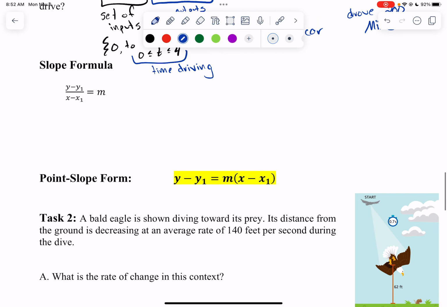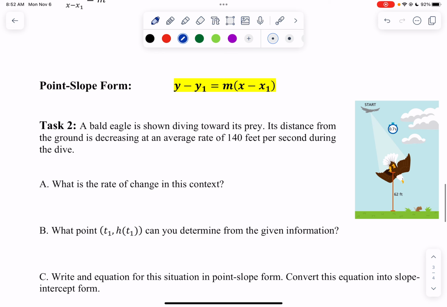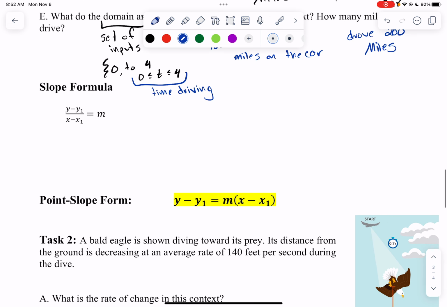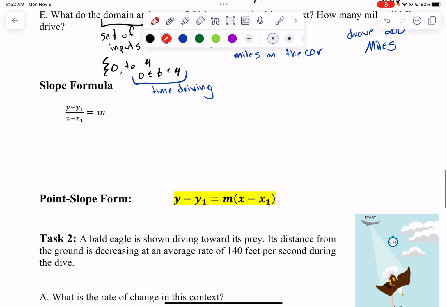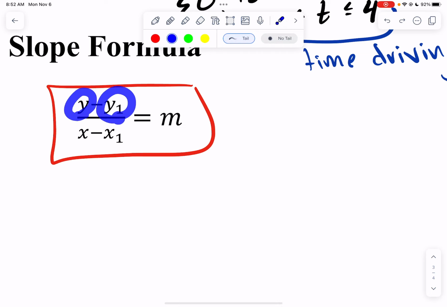Next problem. So here we have a slope formula. This is our standard slope formula. Subtract the y's, subtract the x's. The only thing is I don't have sub 2's on here, and it's okay, you don't really need them. We just need the sub 1's to help us tell the difference between this y value and this y value.